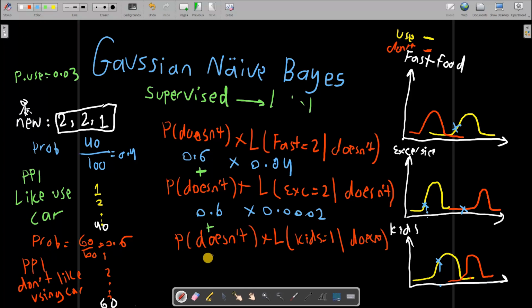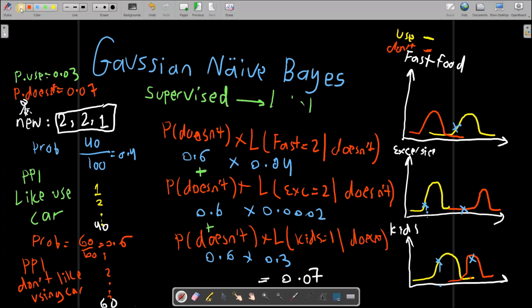Of course, we are summing all of those terms, so this plus this plus this. Again we substitute 0.6 times, let's say that it is right here, and this is maybe 0.3. And finally, we calculate this and we get a final score, and let's say it equals 0.07. So we come here and we say the probability that he does not use a car, which is the calculation of all of that, is 0.07.